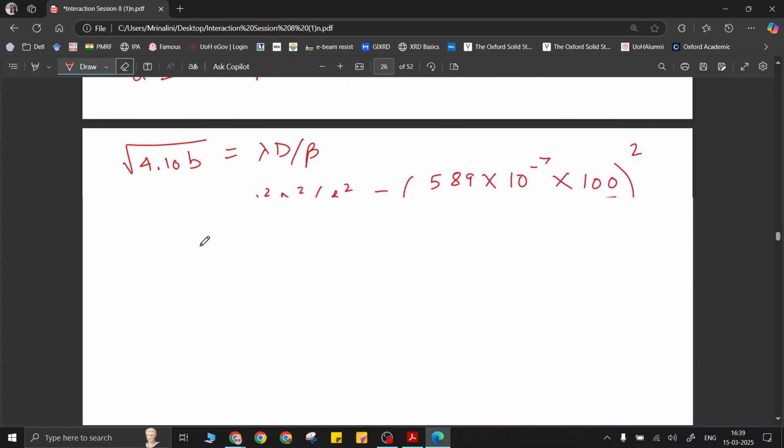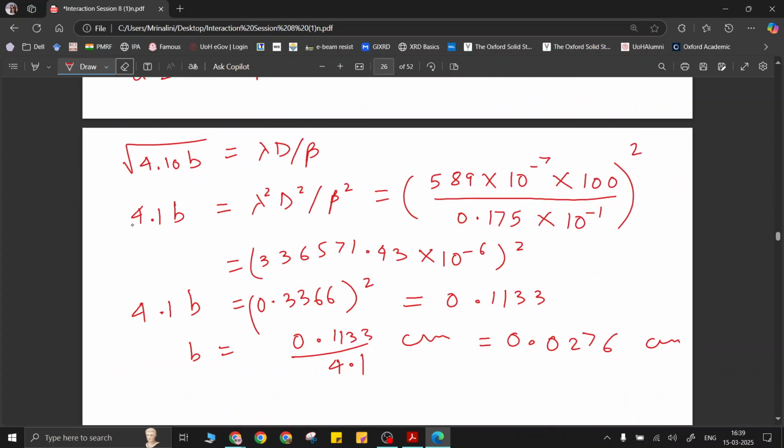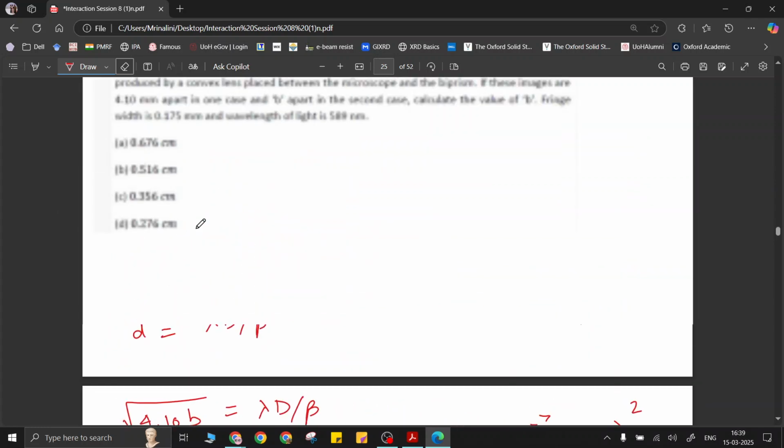So correcting this here, this will be 0.41. Then I will get 0.1133 divided by 0.41. That means 0.2763. 0.2763 centimeter would be the correct answer.